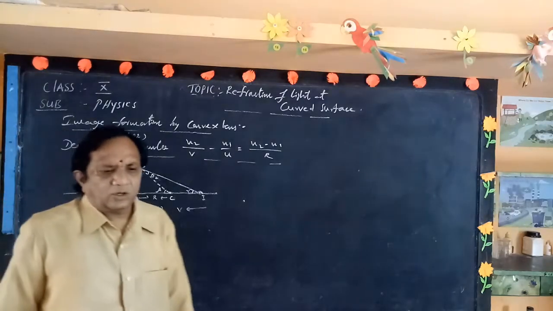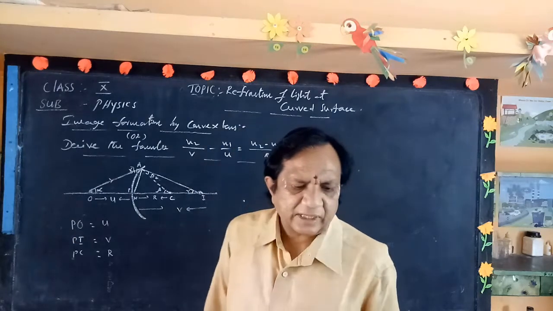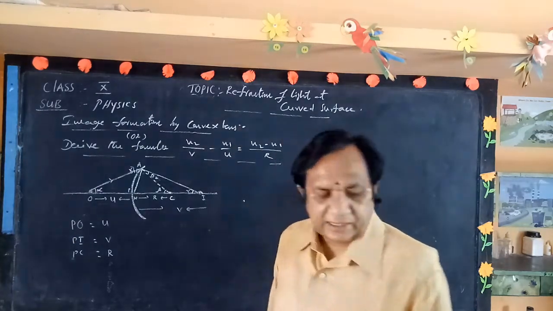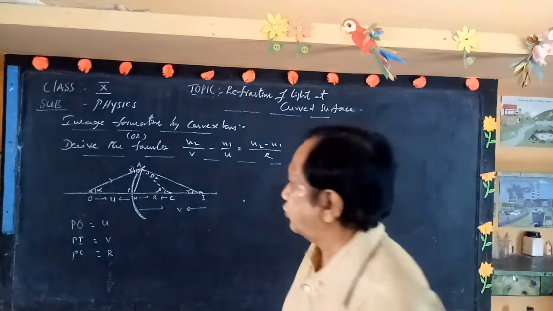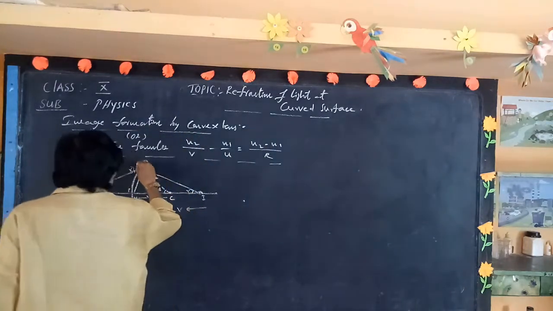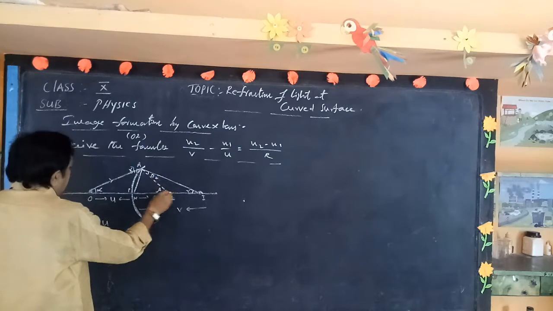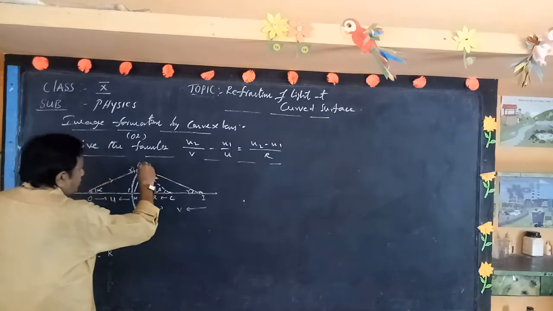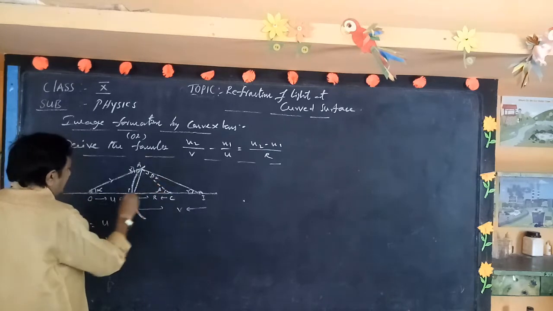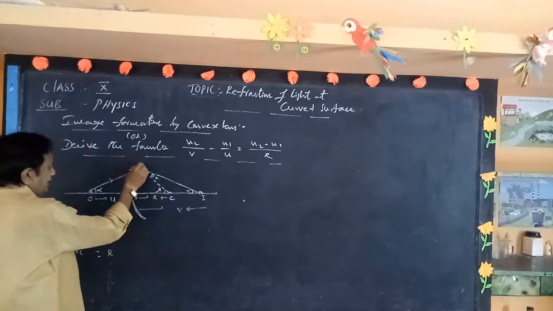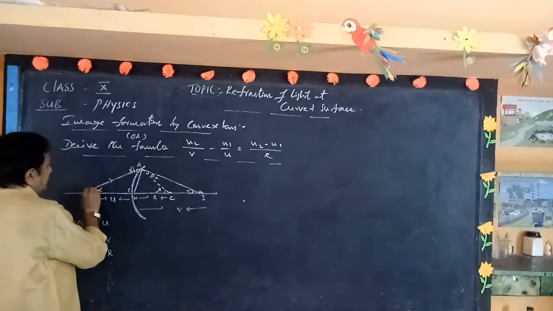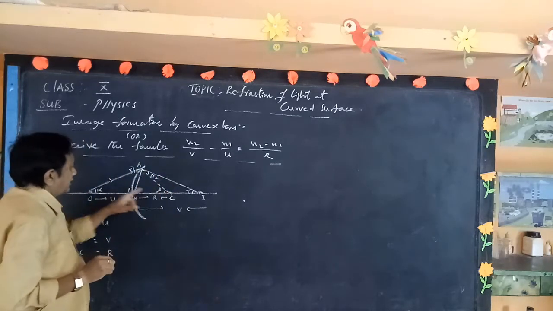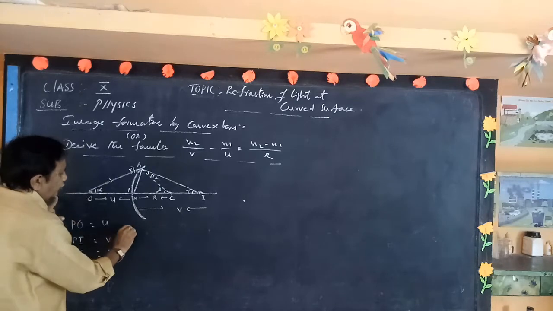Now here we consider the triangle ACO. Observe this triangle clearly. AC is one side, OC is another side, AO is another side. These are the three sides of the triangle AOC.